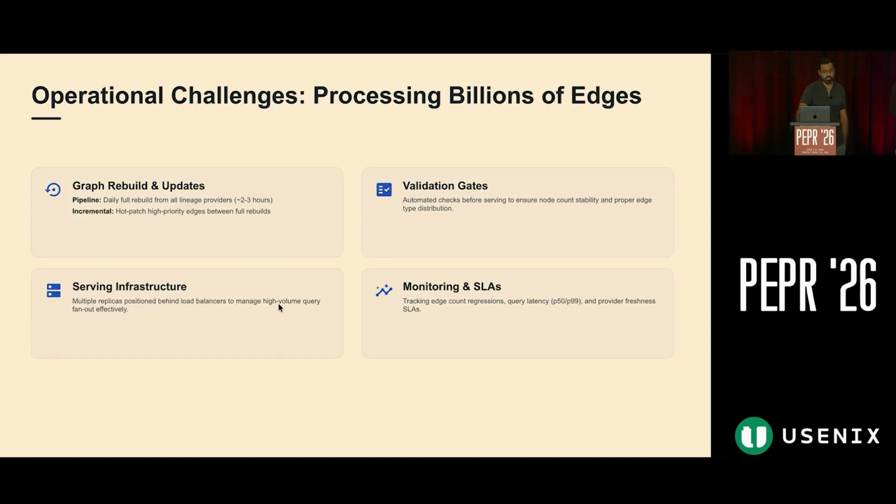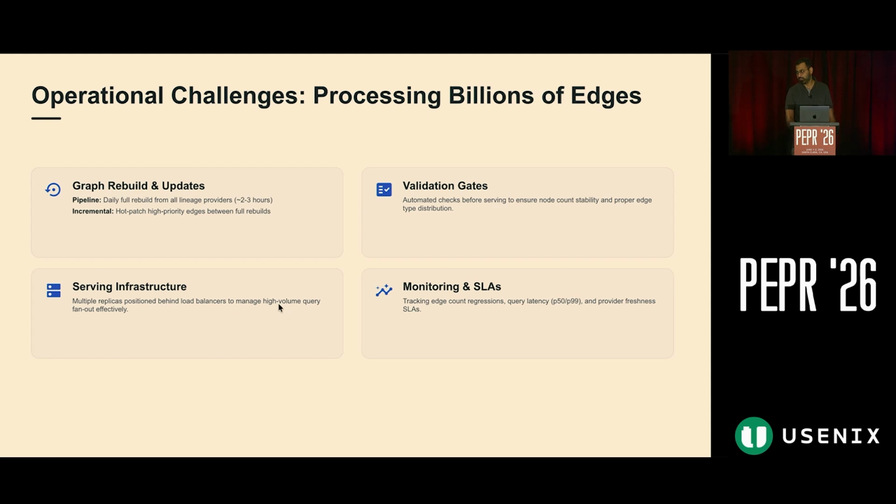Now, of course, all the things we talked about are the development side, but it doesn't matter if we are not able to operationalize it very well. So we utilize some standard operational practices, such as graph rebuilds and updates. We pre-process, or pre-build, the graph as much as possible before loading it, so that we are offloading all the processing before serving.